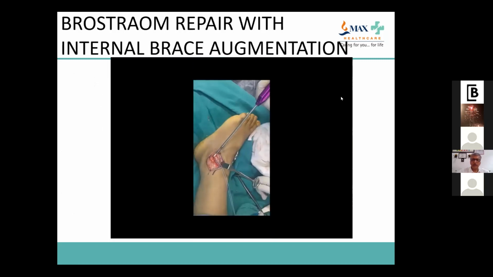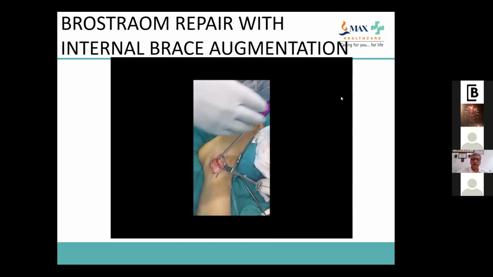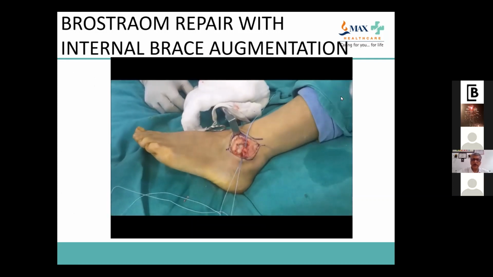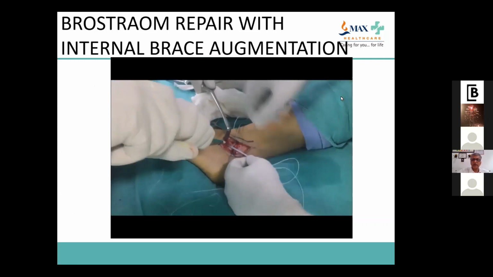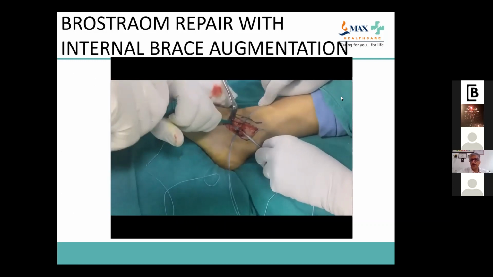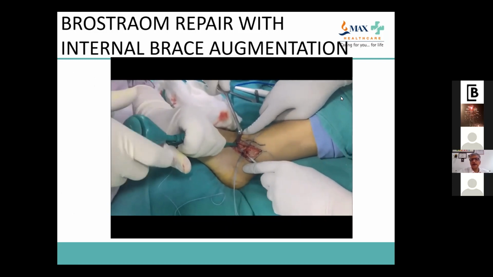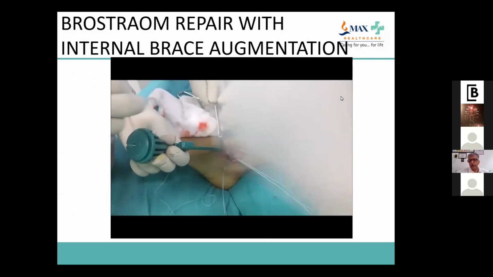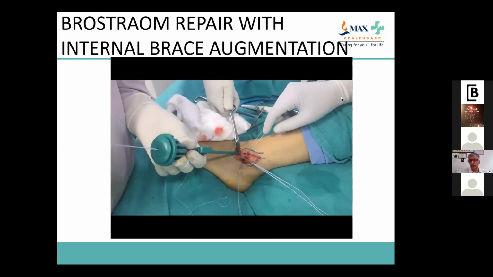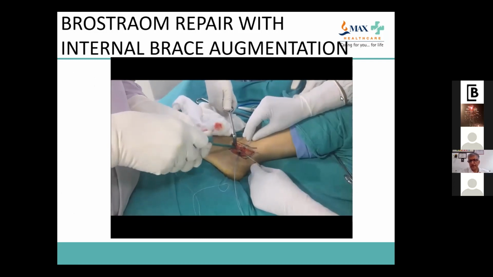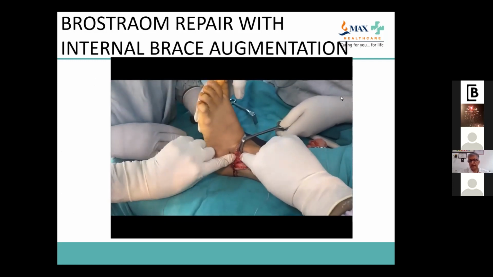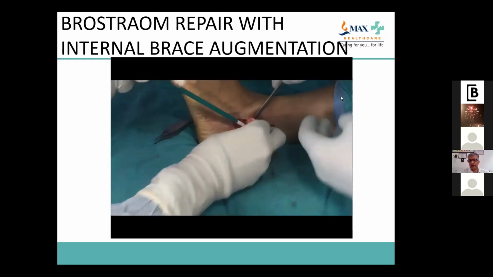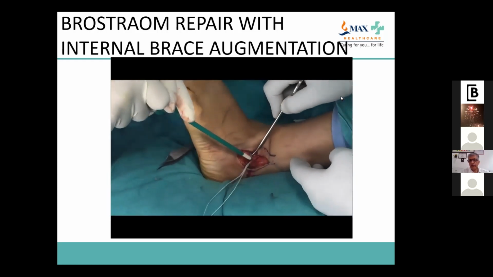So let's see what we do. After we have passed 2 anchors into the distal end of the fibula, these suture anchors are not yet tied. At the isometric point of the talus where the ATFL is attached, we pass 1 fiber tape with a swivel anchor, hold it there, and then we do the normal repair.